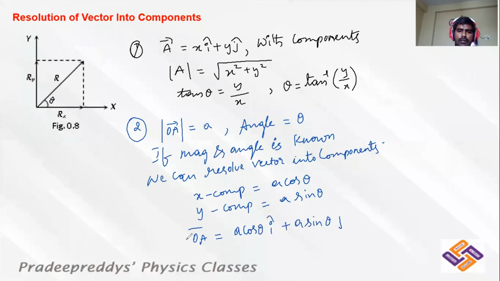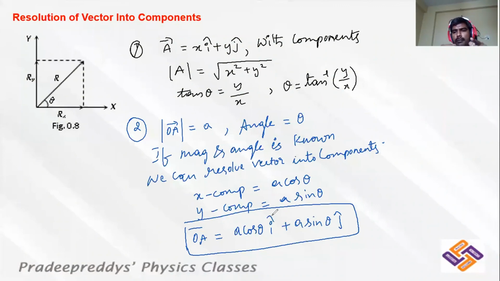This is how you can resolve a vector into its components, right? These are the two things. If a vector in terms of components is given, you can find its magnitude and angle. If magnitude and angle are given, you can find its x component as well as y component. The resolution of a vector is nothing but, if magnitude and angle are given to you, finding its components.